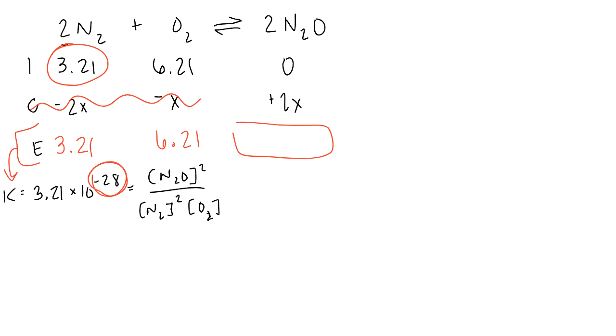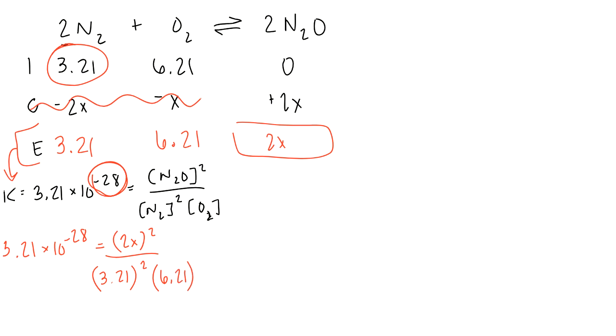So now we can take these equilibrium values and plug them into our equation for K. K, we said, is 3.21 times 10 to the negative 28 equals N2O, which is 2x, squared, right? 0 plus 2x means that E is 2x, over nitrogen, which is 3.21 squared, times oxygen, which is 6.21.